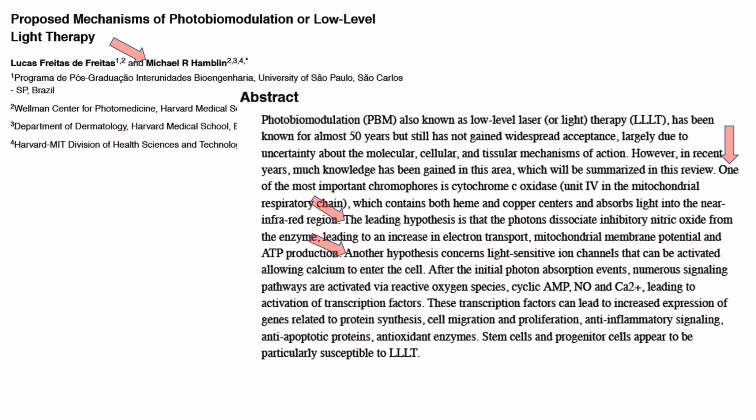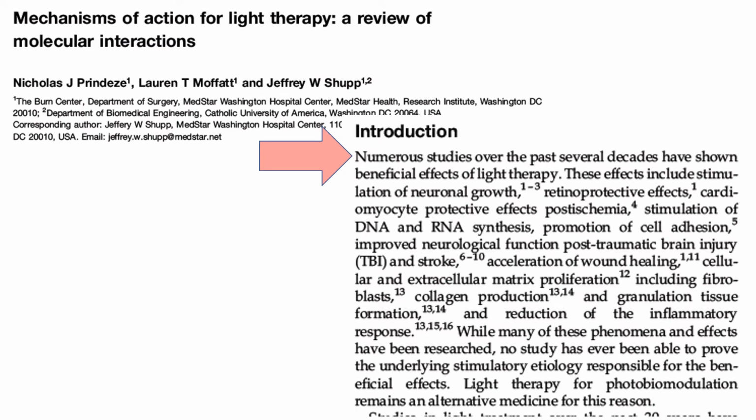The leading hypothesis is that the photons dissociate inhibitory nitric oxide from the enzyme, leading to an increase in electron transport, mitochondrial membrane potential, and ATP production. Another hypothesis concerns light-sensitive ion channels that can be activated, allowing calcium to enter the cell.